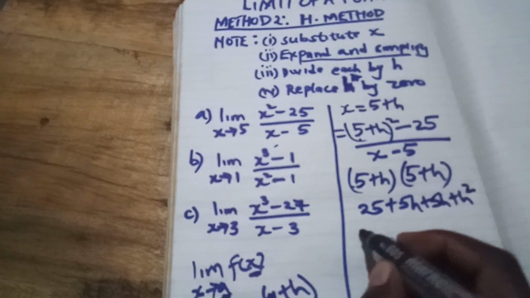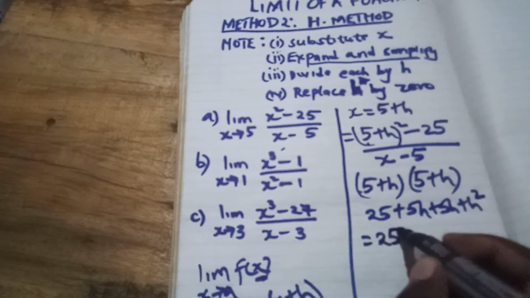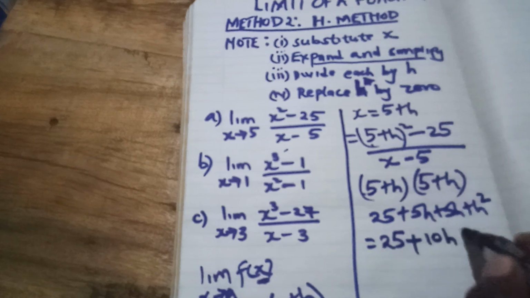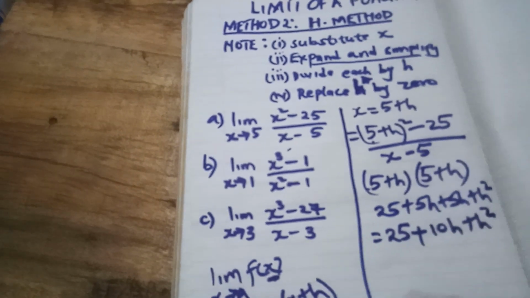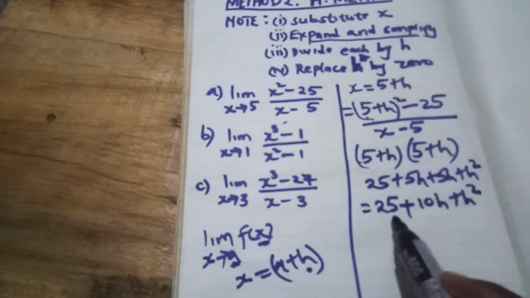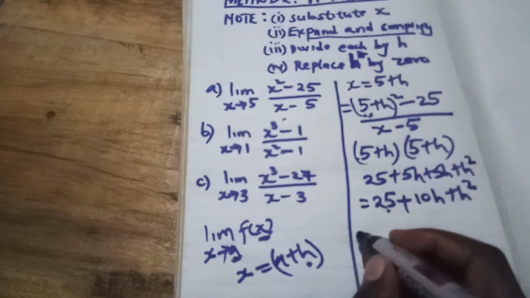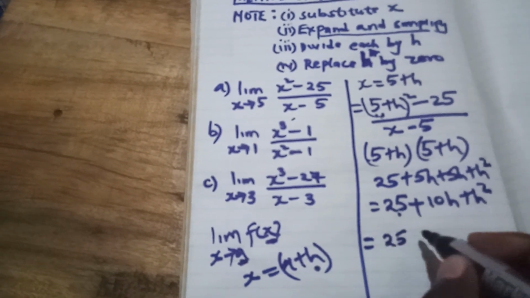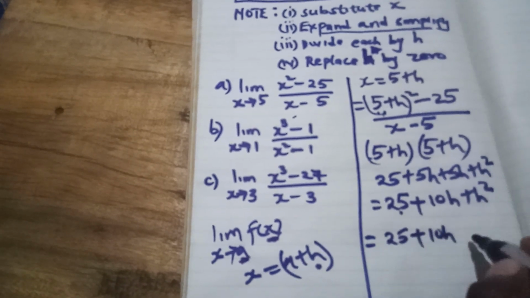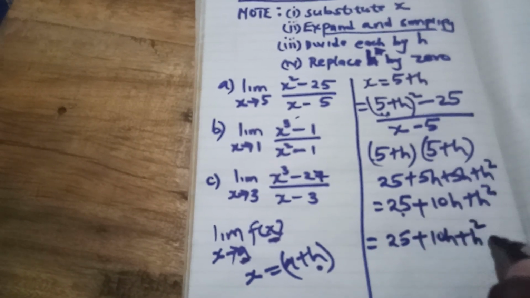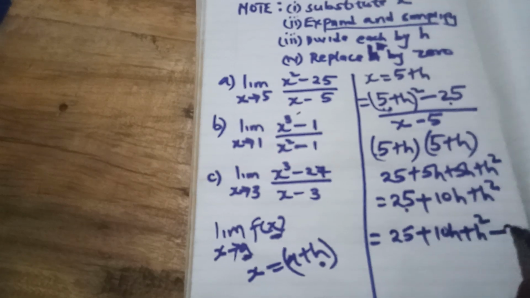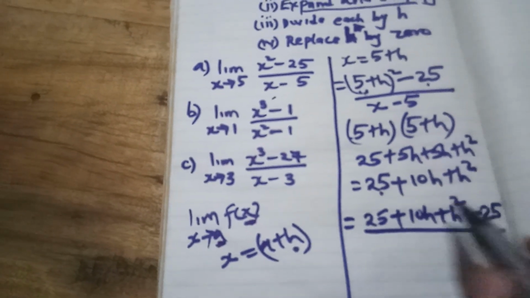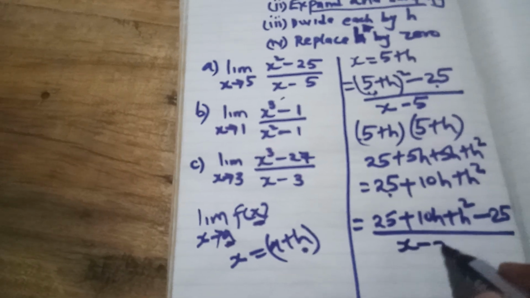So our answer will be 25 plus 10h plus h squared. Then we replace this in the expression, so our calculation continues with 25 plus 10h plus h squared minus 25, divided by x minus 5.